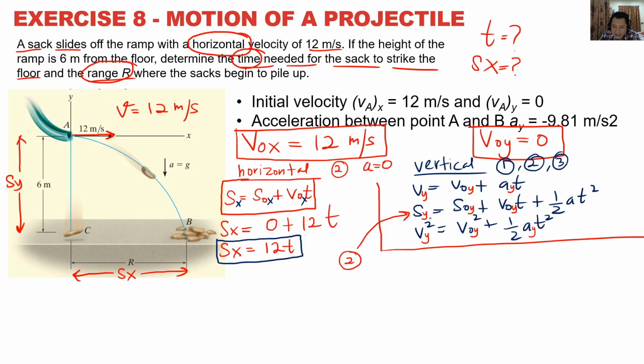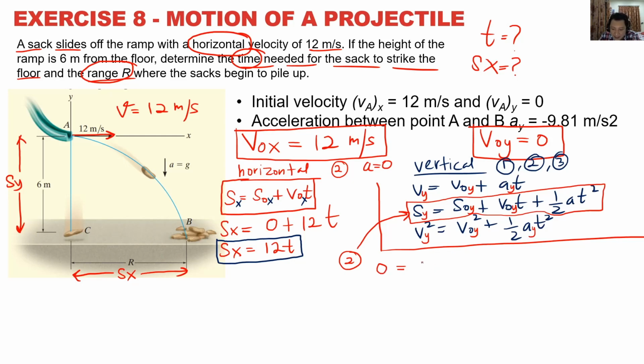Sy, final. Finally, the sack will drop on the floor, so it will become 0. So the final displacement is 0.